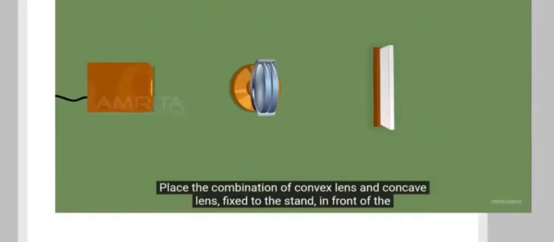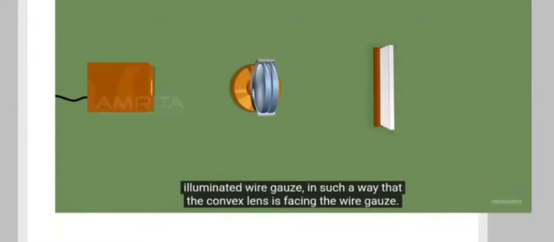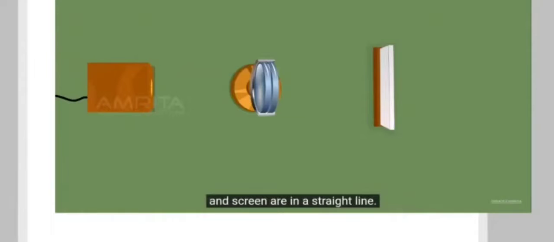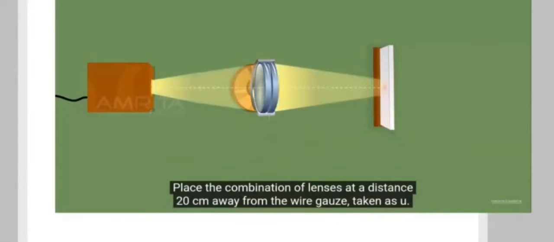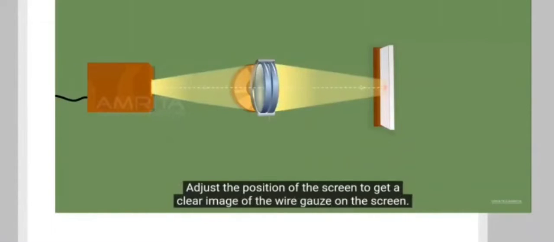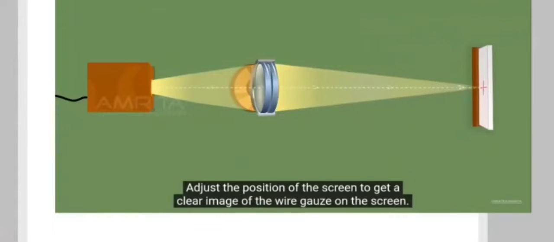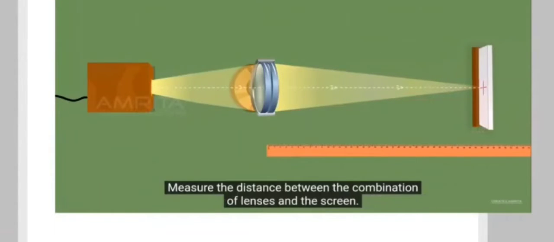Place the combination of convex lens and concave lens fixed to the stand in front of the illuminated wire gauze in such a way that the convex lens is facing the wire gauze. The screen is placed on the other side of the lenses so that the wire gauze, lenses and screen are in a straight line. Place the combination of lenses at a distance of 20 centimeters away from the wire gauze, taken as U. Adjust the position of the screen to get a clear image of the wire gauze on the screen. Measure the distance between the combination of lenses and the screen.